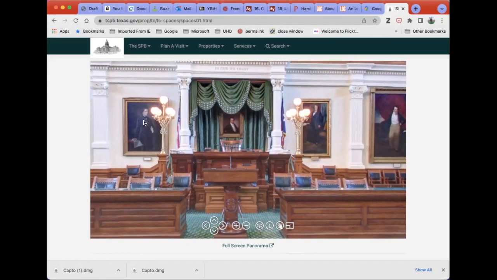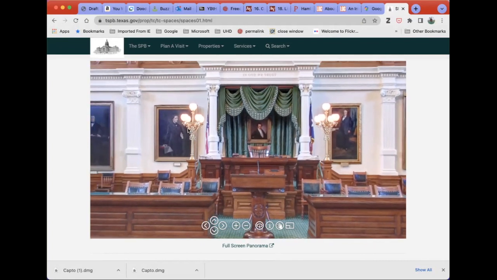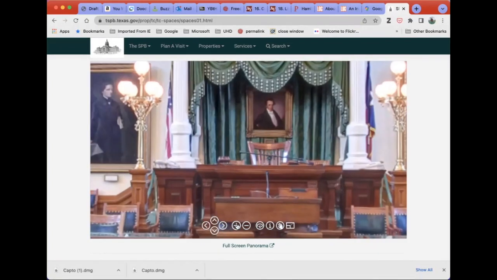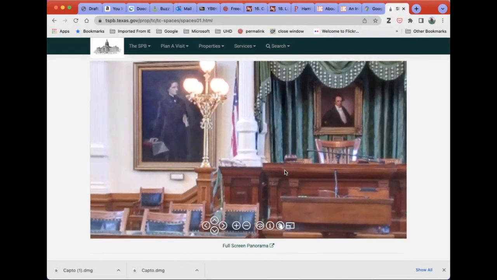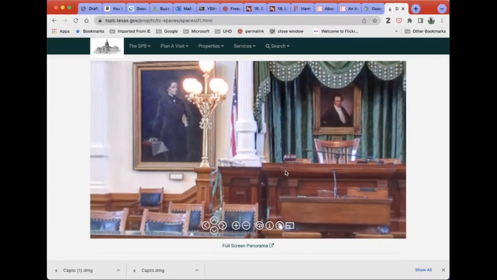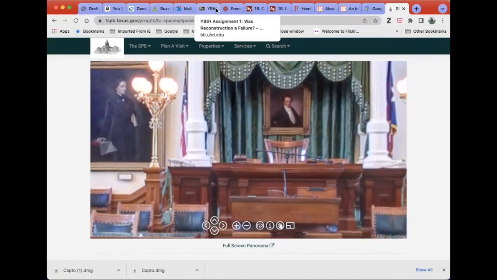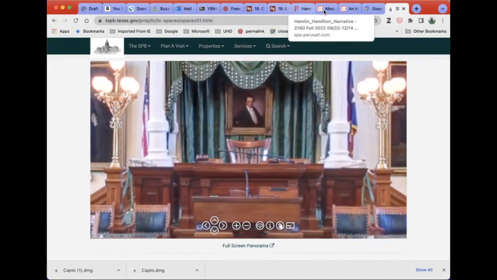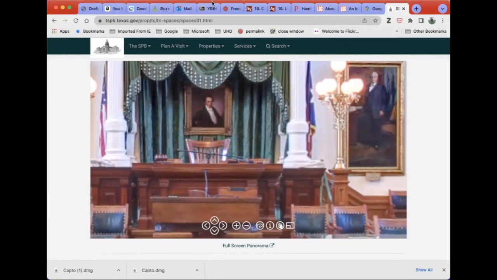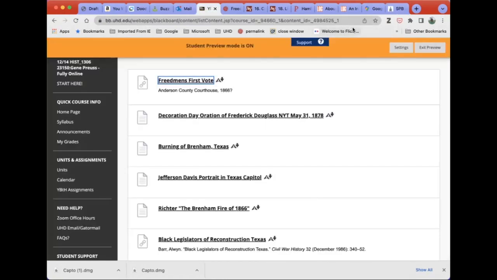However, over on the left-hand side is somebody not from Texas, and that is Jefferson Davis. Jefferson Davis was the president of the Confederacy, and you may be asking yourself, why in the world is Jefferson Davis painted here? Well, when you look at the article from the Brenham newspaper, it will provide you some information.